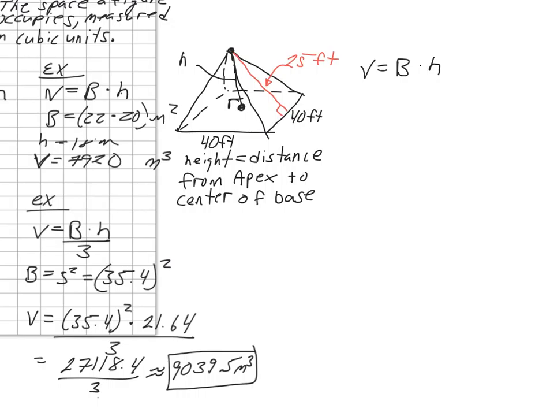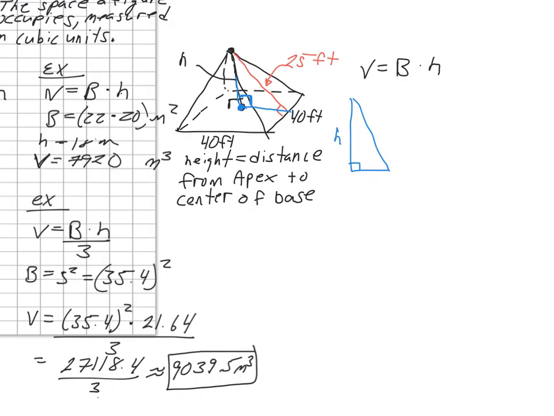So I don't have height in this example, so I need to find it. How might I do that? One thing I can do is, from this line I drew of height, where it connects at the center, I can draw a line over to where it connects to my slant length. Those two lines, the height and that other small line, will create a 90-degree angle, thus creating a right triangle where we don't know the height.